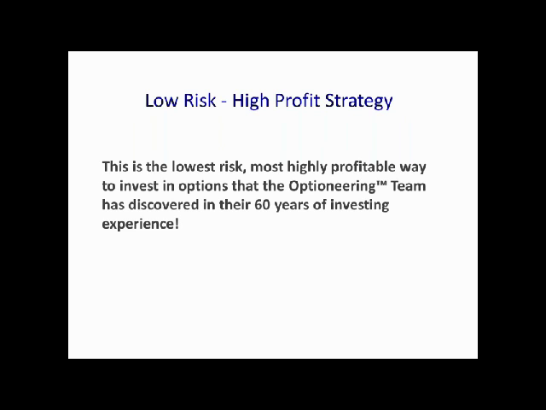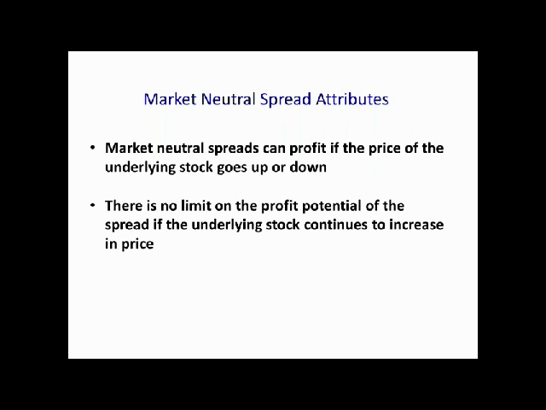And again, if we have a losing trade, we simply exit that losing trade and move on to the next opportunity. If we have a winning trade, then we want to protect those profits by buying a put option. And these market neutral spreads can profit if the price of the stock goes up or down.